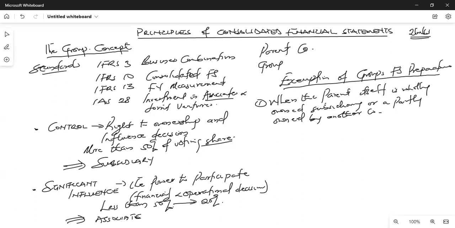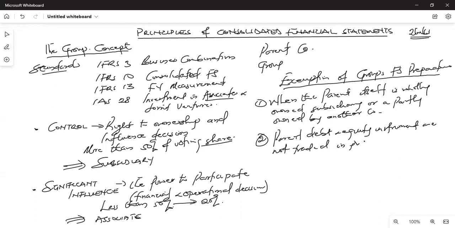All right, number two is when the parent's debt and equity, I mean their instruments, their capital structure, are not traded in the public market.